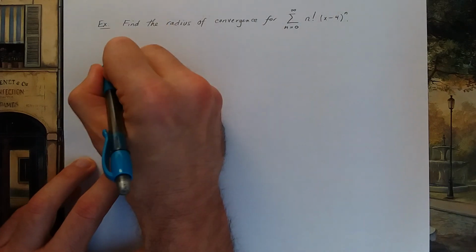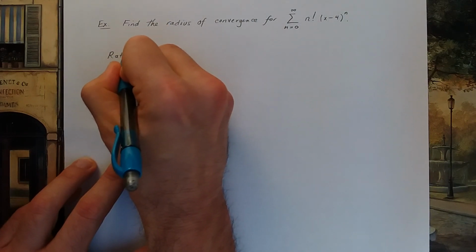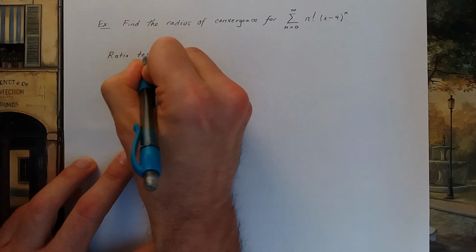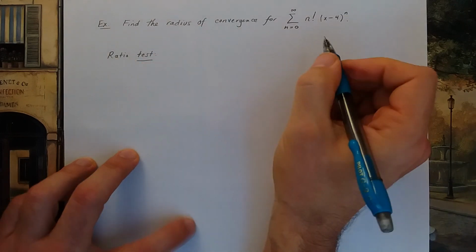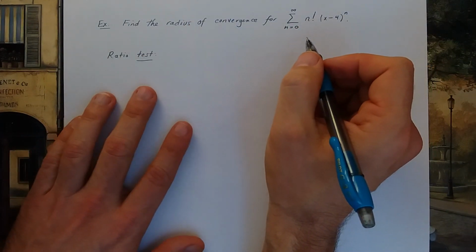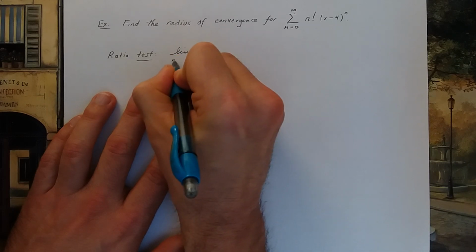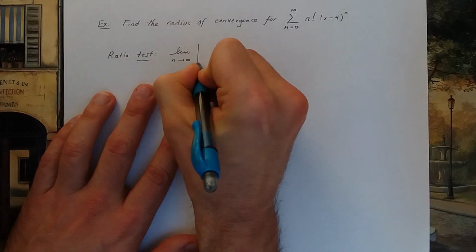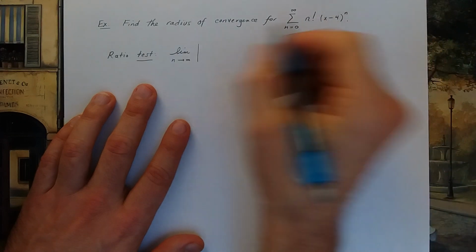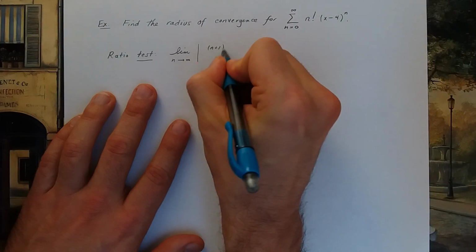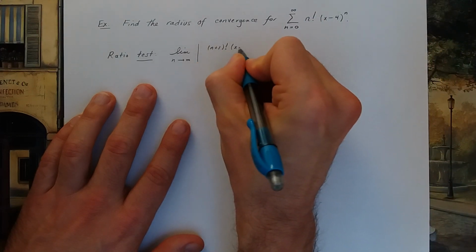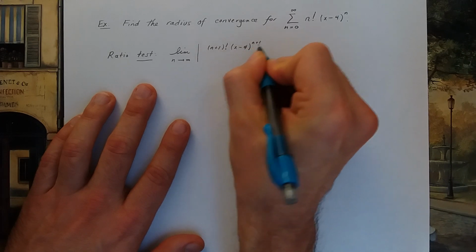So I'm going to use the ratio test again. That's the best thing to try when you're doing a radius of convergence problem. So I'm going to look at the limit as n goes to infinity. I'm going to write down the n plus 1 term. So I get n plus 1 factorial, x minus 4 to the n plus 1 power.